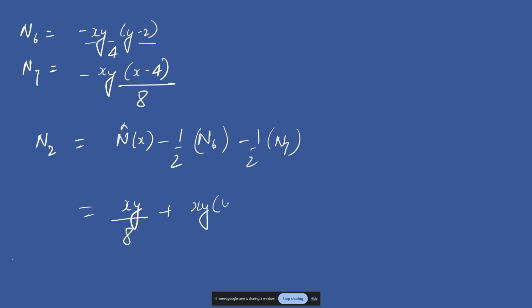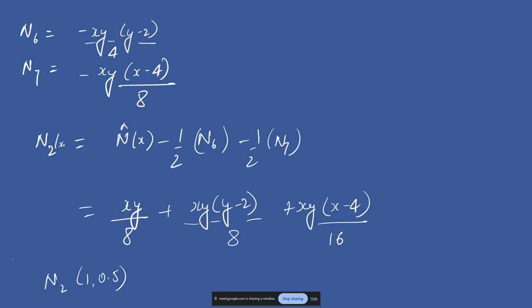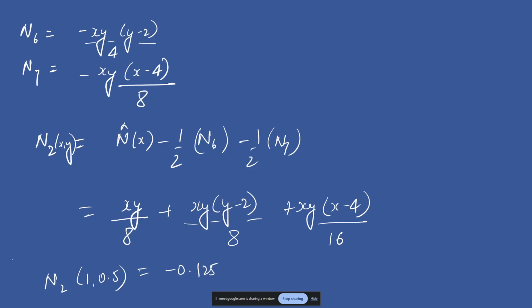N6 is xy (y minus 2) by 8, plus xy (x minus 4) by 8, over 16. So this is the final function value, and accordingly you can evaluate N2 at (1, 0.5). So this is N(x, y), and the final answer which I am having is minus 0.125, and that is how you need to do. Sorry, that got erased in between.